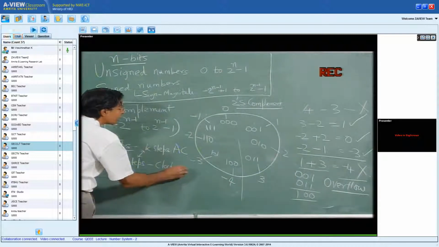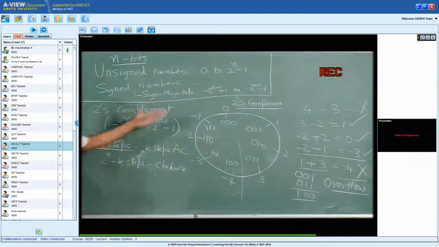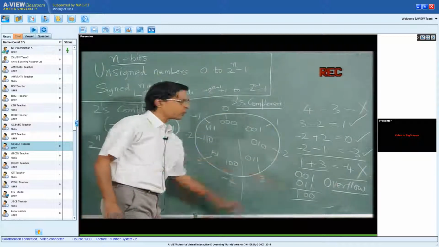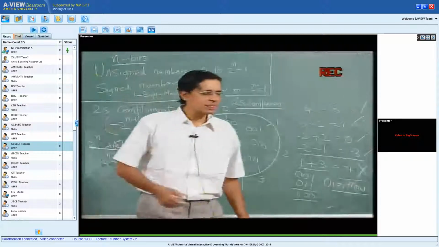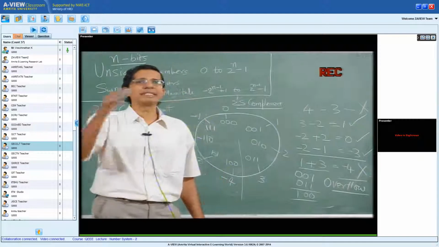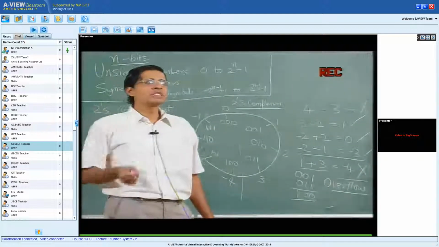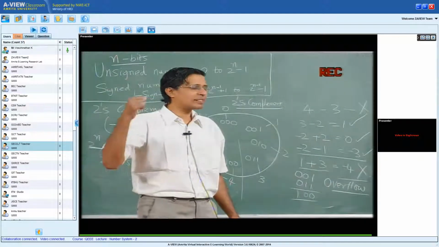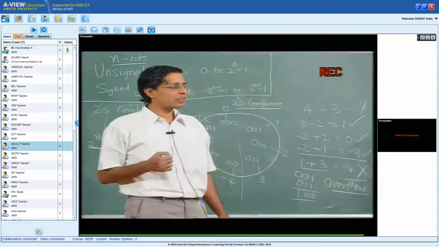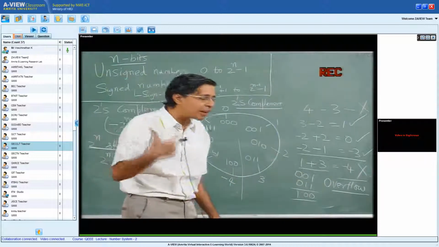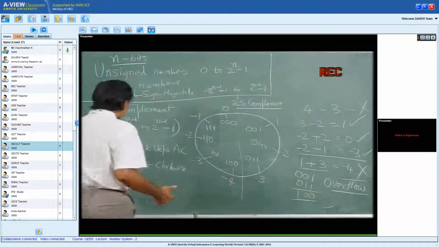This was our argument. If you remember, I said instead of moving 6 steps clockwise, I can move 8 minus 6. So everywhere instead of moving 3 steps anti-clockwise, I can move 8 minus 3 steps clockwise. Where did that 8 come from? 8 came because of 2 power 3.